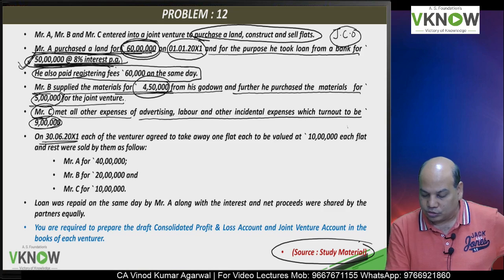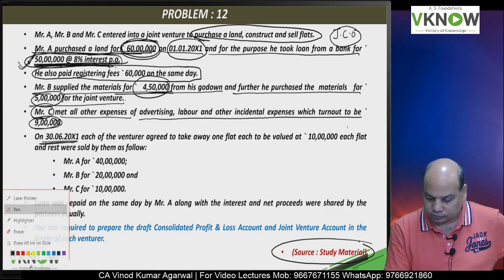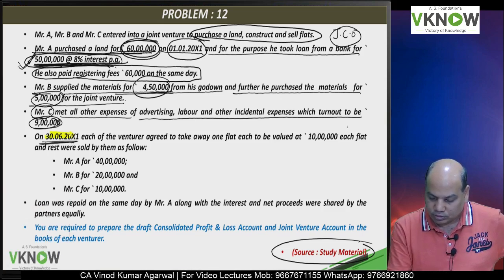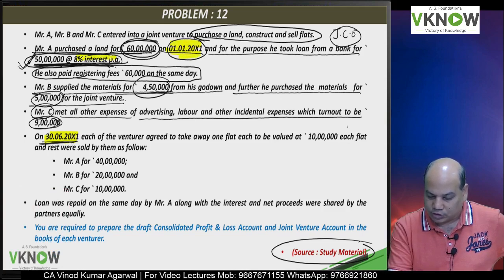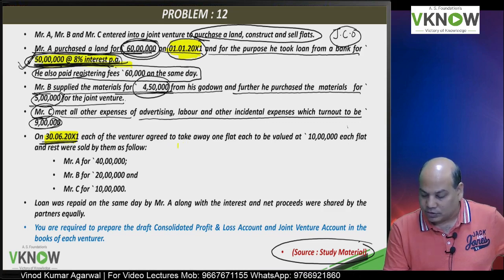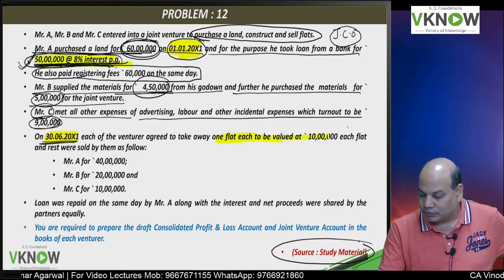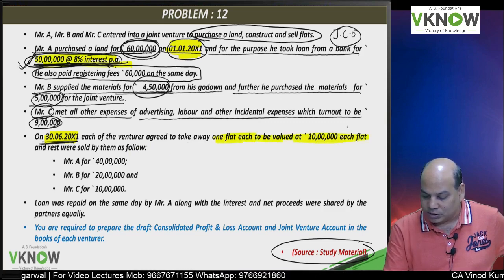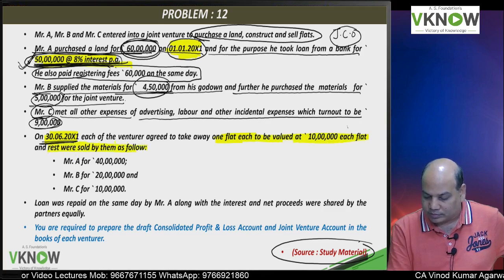Then on 30th June 2001, dates are important for interest calculation. On 30th June 2001, each of the venturers agreed to take away one flat to be valued at 10 lakh rupees each flat, and the rest were sold by them.